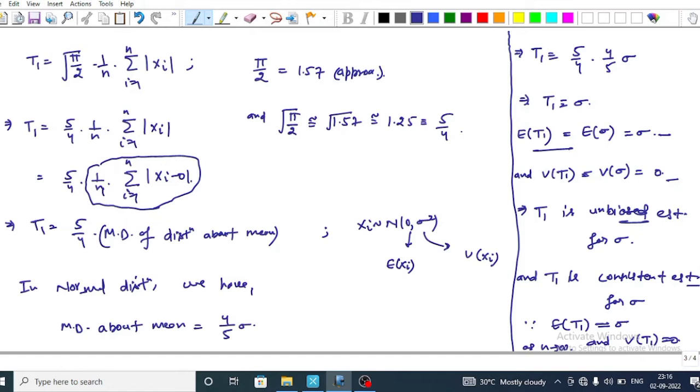Now come to option B. Here T2 equals to square root of 1 upon n summation i equals 1 to n xi square. Here I will use some result regarding expectation and square root of estimator.